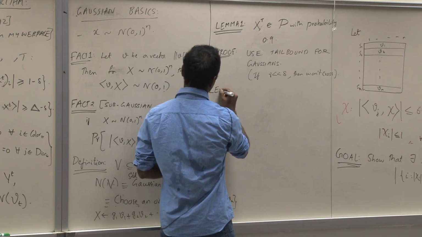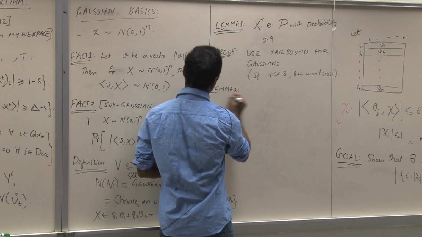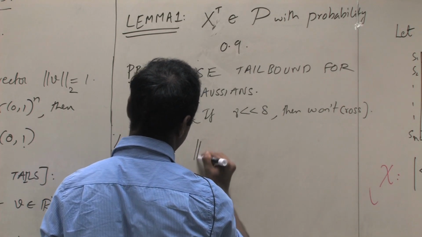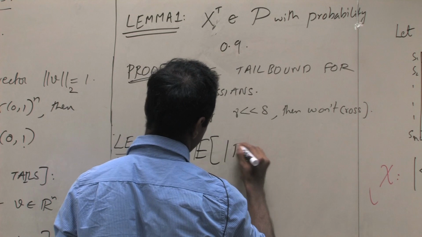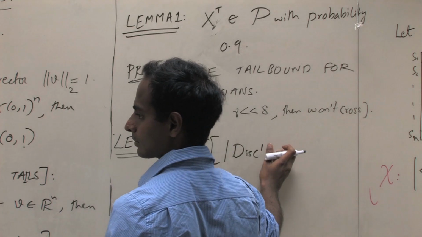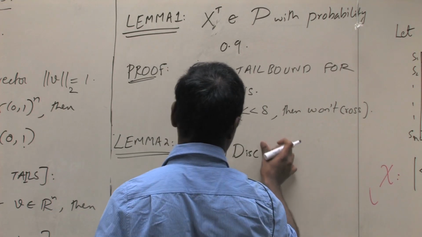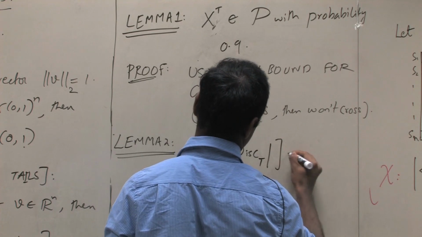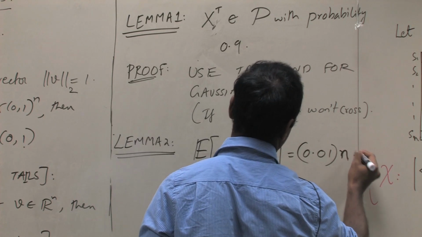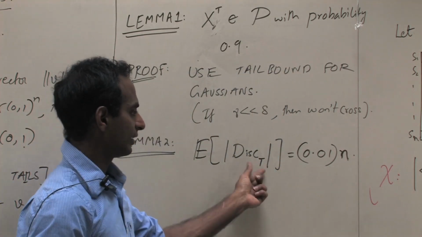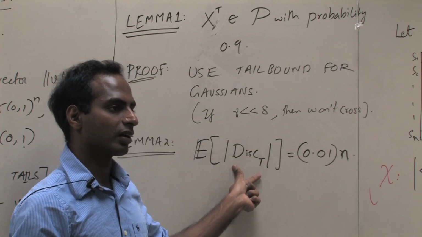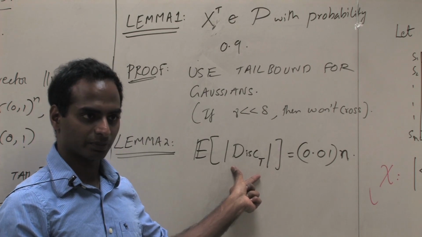And lemma 2, which is kind of important, is that, so what is discrepancy T? The discrepancy T is a set of discrepancy constraints that are nearly violated at the very end.